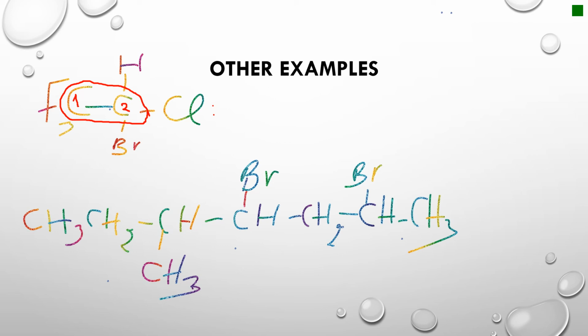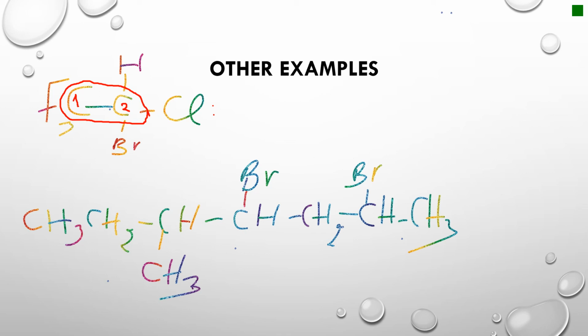Yes, now after numbering the parent chain, we identify the substituents, which are chlorine, bromine, and fluorine. Bromine comes first in the alphabet.